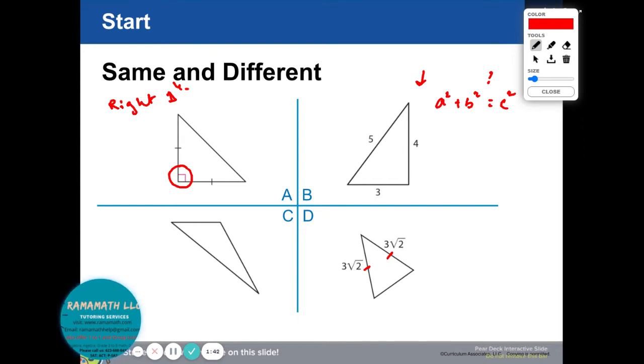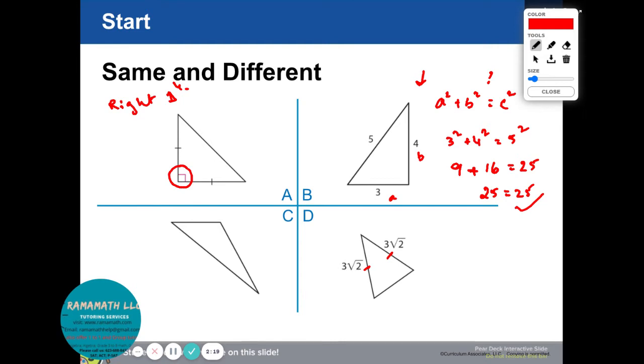So A squared means, let's say this is A and this is B. Now 3 squared plus 4 squared equals 5 squared. 3 squared is 3 times 3, 9. 4 squared is 16. So when I combine 9 plus 16, that's 25, equals 25. Yes. So that means it is a right angle triangle.